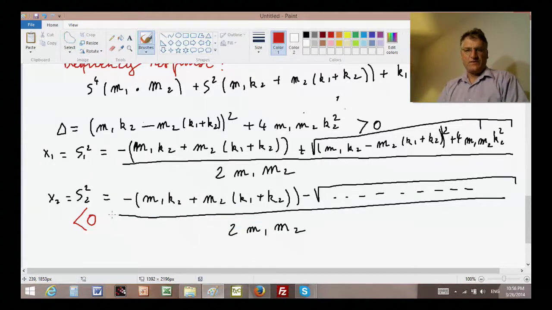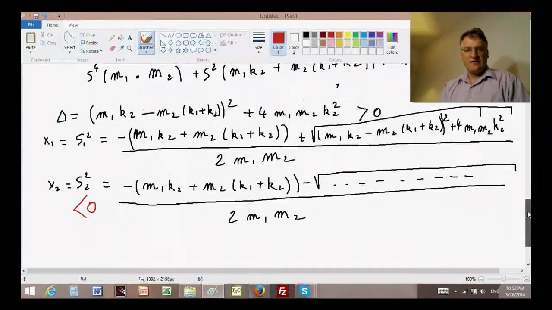Second, we can look into this term and see whether it is in size bigger or smaller than this term. The answer is not immediately obvious. If this guy were bigger than that term, then this would be a positive quantity. If this guy were smaller than that term, then it would be a negative quantity.